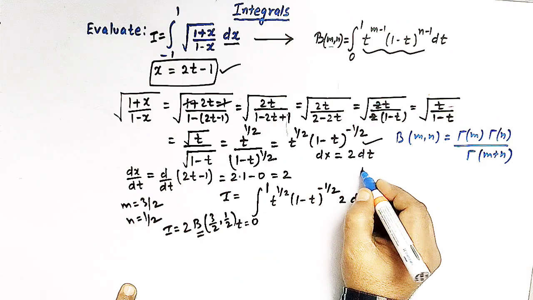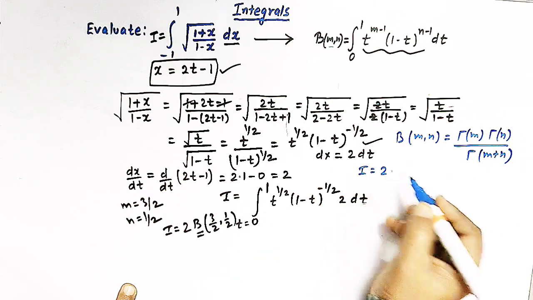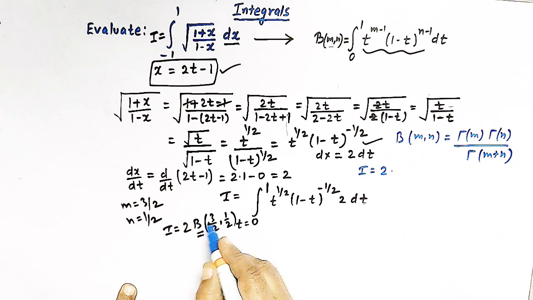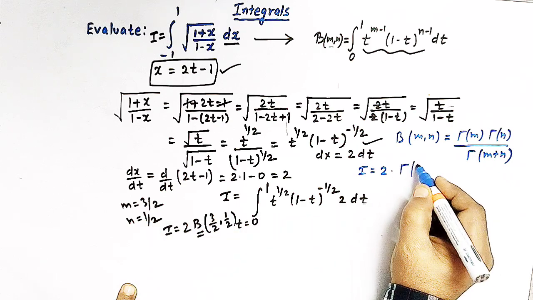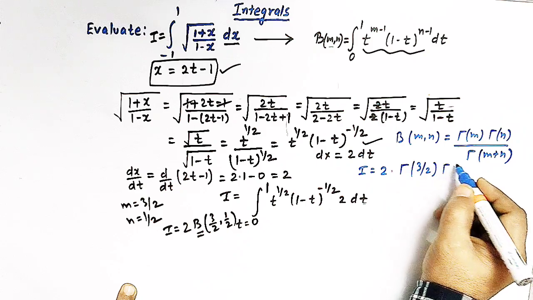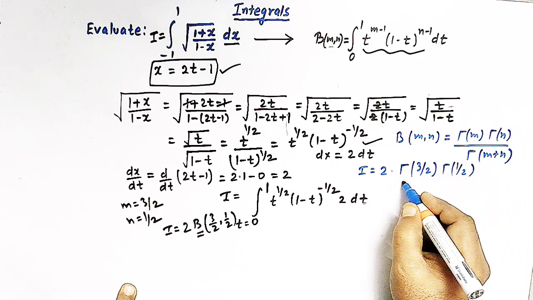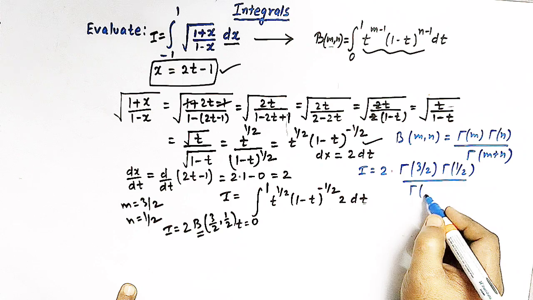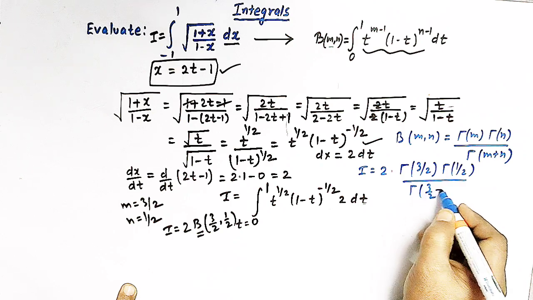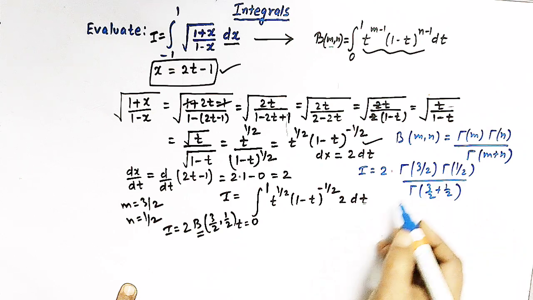So we can now write I is equal to 2 times, here we have m is equal to 3 by 2, n is half. So we have gamma 3 by 2, then we have gamma half, and here we have gamma 3 by 2 plus half, right?